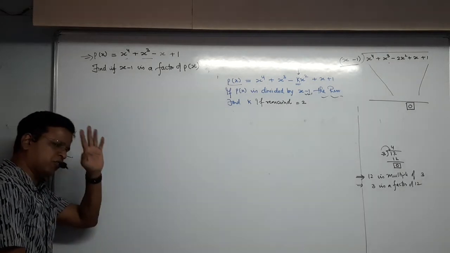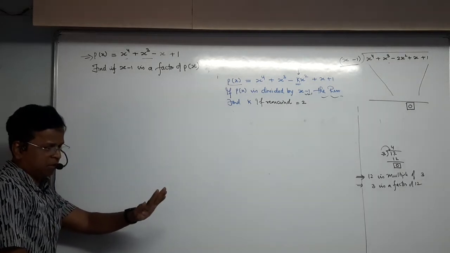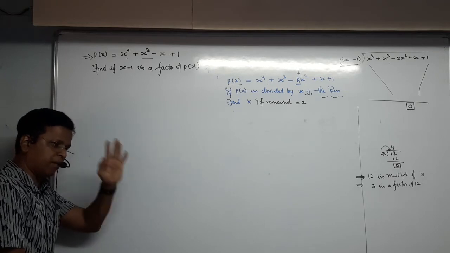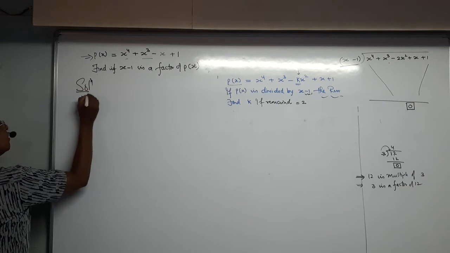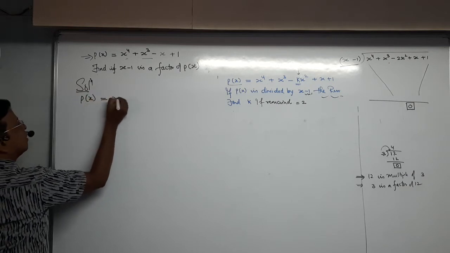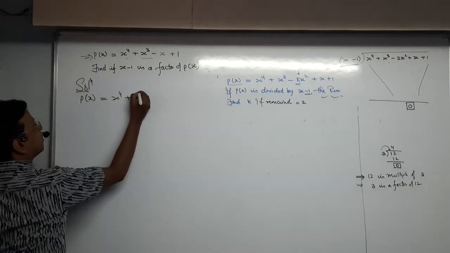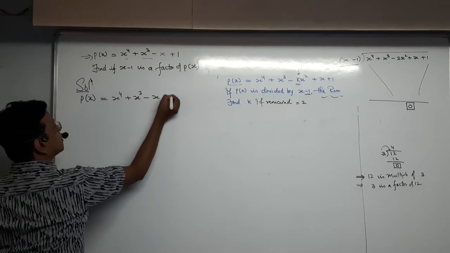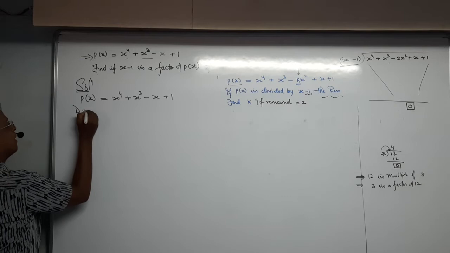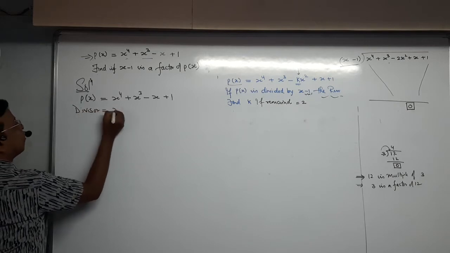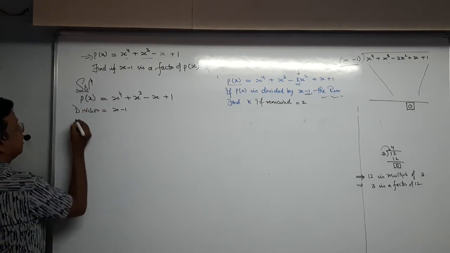Actually, the whole procedure is the same as for the remainder. What you will do is first write p of x is equal to x raised to the power of 4 plus x cube minus x plus 1. Now again you will write the divisor: x minus 1.